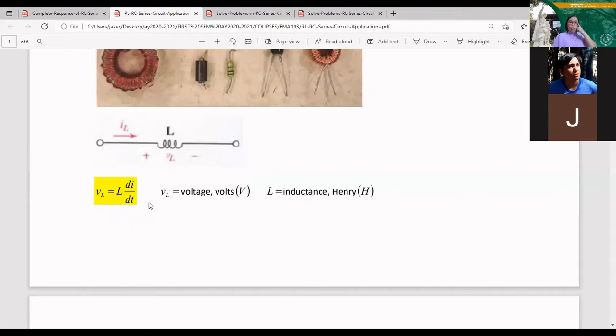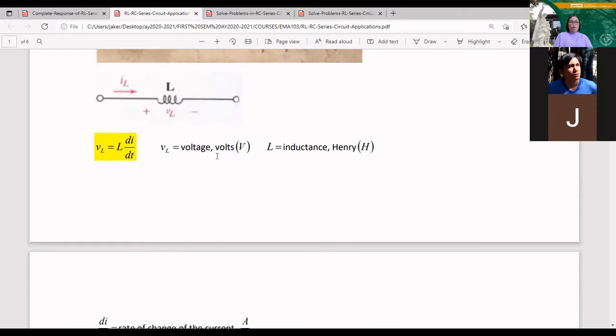So the voltage drop across your inductor contains a derivative. Once present in the circuit equation, where we account for the summation of all voltage drops in our circuit, you will have a differential equation because of this derivative. This is how we represent the voltage drop across our inductor.